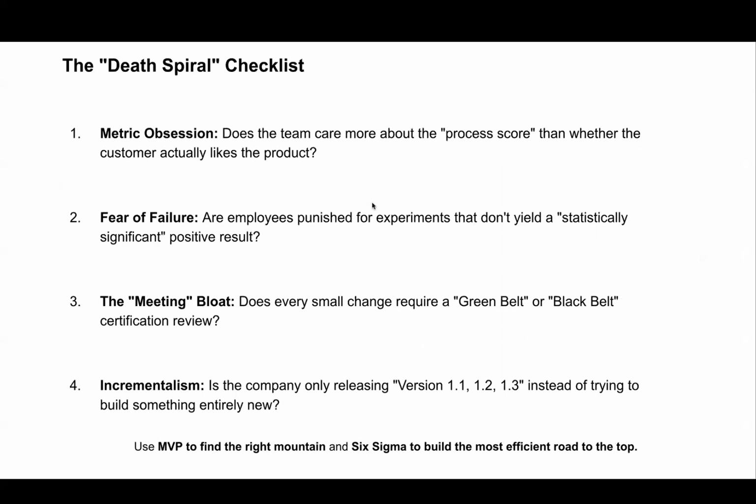So where can we go wrong? Well, there's a death spiral checklist, and that's where your team is obsessed with the metrics and they care about the process more than the result, right? Does the customer actually want this? This could be the most beautiful design in the world, and all your design engineers are totally sold on it, but does it actually work in the marketplace? And so you get obsessed with the metrics.